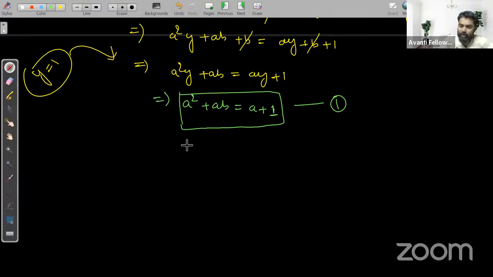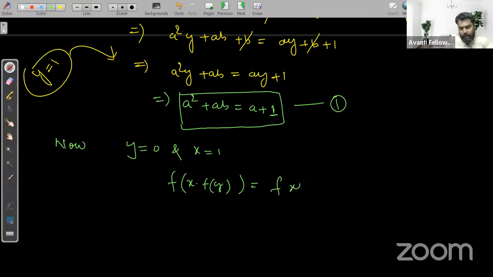If you are getting this, now take y is equal to 0 and x is equal to 1 in the given function. So f of y is equal to f of 0 now. It is given that x into f of y is equal to f of xy plus x.